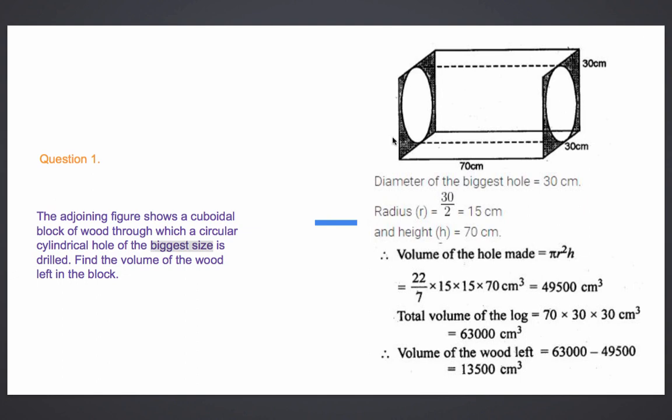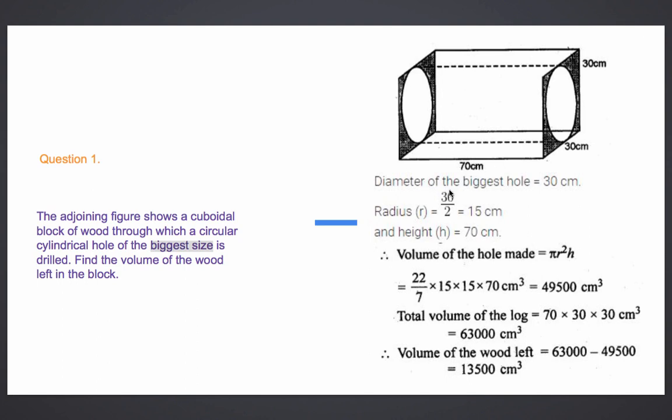Now what will be the height of the cylinder? Because the two circles when cut from the two faces are drilled from inside also, that means it will form a cylinder. So the height of the cylinder will actually be the value which is given for the cuboidal block.